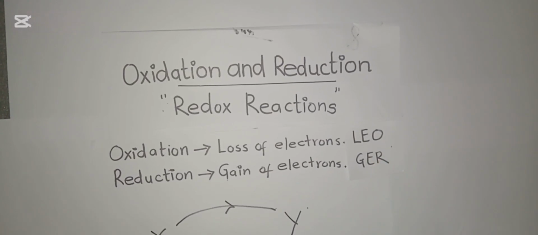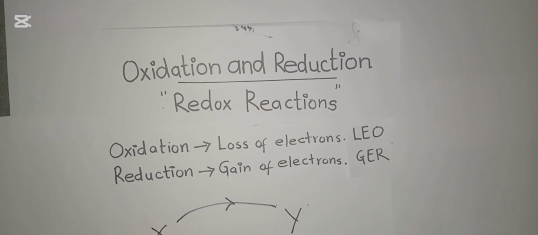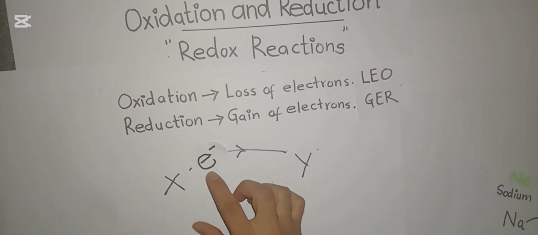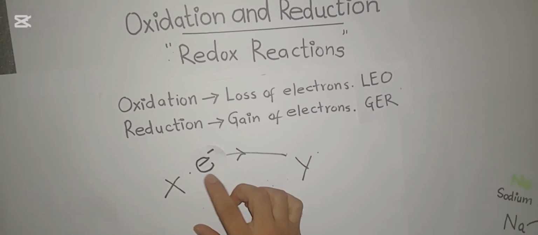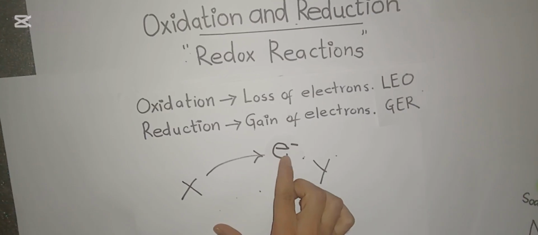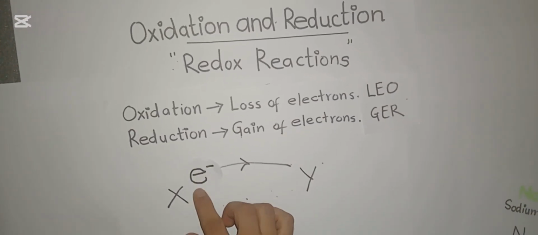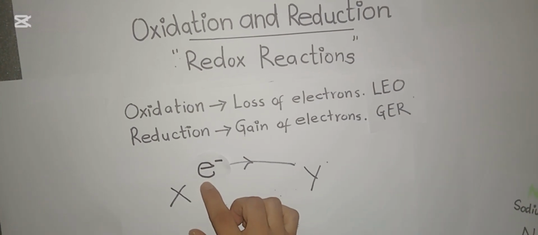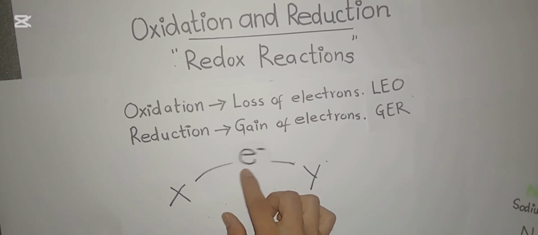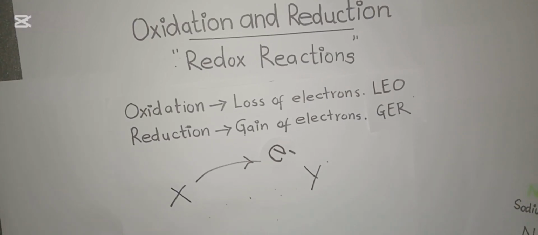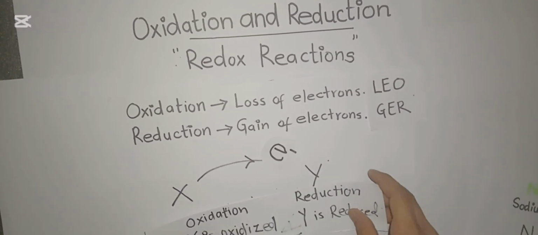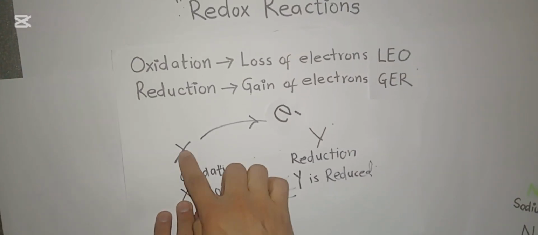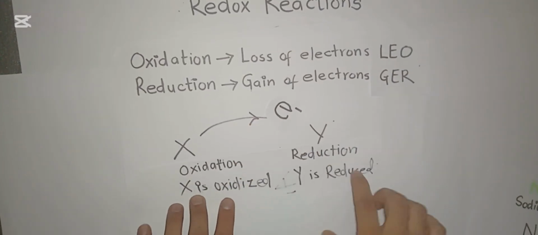Let us consider an element X and an element Y, and the electron gets transferred from element X to element Y. The electron from the outermost shell of X gets transferred to Y, so that X gets oxidized and Y is reduced.